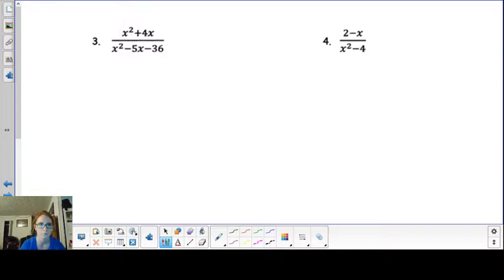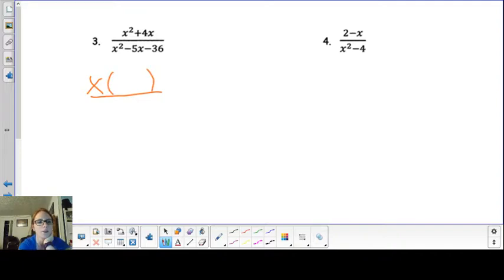Okay. Now, even though I see I have x squared on top, do I have 3 terms? Nope. So because I don't have 3 terms, I can't do the 2 sets of parentheses. So what will I be able to divide out from x squared and 4x? Good, an x.